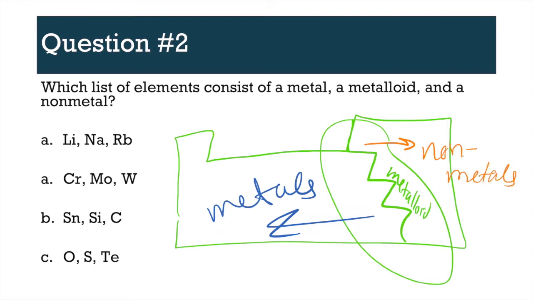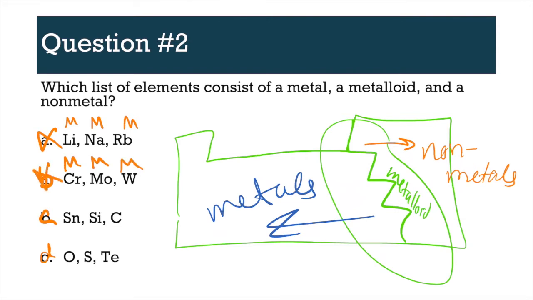If you were to look at this in more detail, without your periodic table, this could be kind of hard. Li is a metal, Na is a metal, Rb is a metal. So, can't be A. If you look at B, Cr is a metal. Mo is a metal, and W is also a metal.